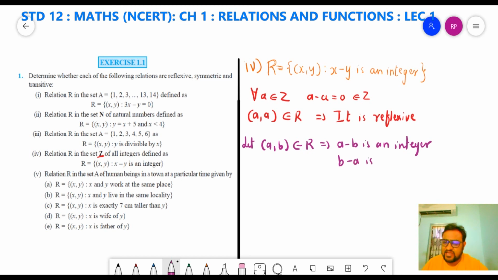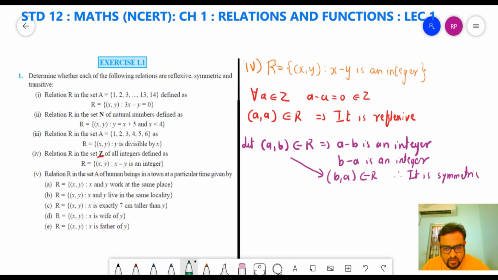Okay, it just will change the sign. If a minus b is positive, then b minus a will be negative, but both will be an integer, right? So this is also an integer. b minus a is an integer, that means (b, a) belongs to R. See, (a, b) belongs to R, proved that (b, a) belongs to R. Therefore, it is symmetric.